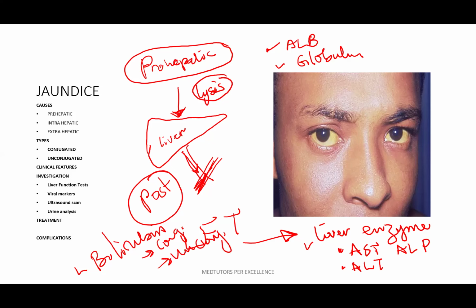Okay, so these are some of the components of liver function test. Now, we are going to talk about liver function test separately, not in this particular slide. It's just to tell you that it's a broad aspect of your exams.